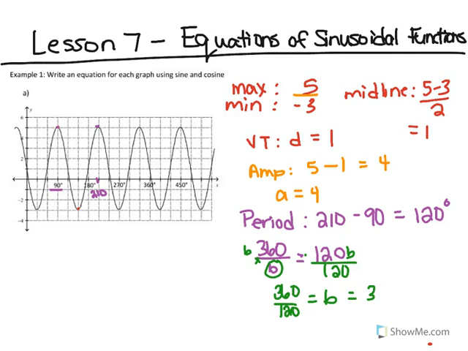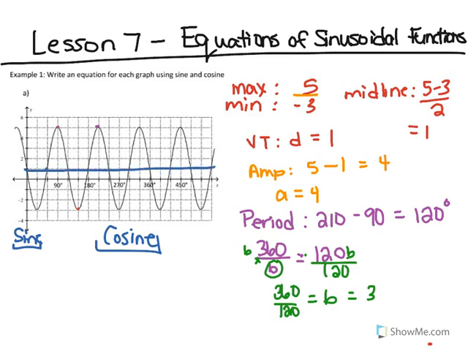Now the only thing that changes between sine and cosine is that when you find your horizontal translation, your c value, it's different for sine and cosine. So if we look at our sine first, our starting point is here. Sorry, just kidding. Let's graph our midline in first at 1.